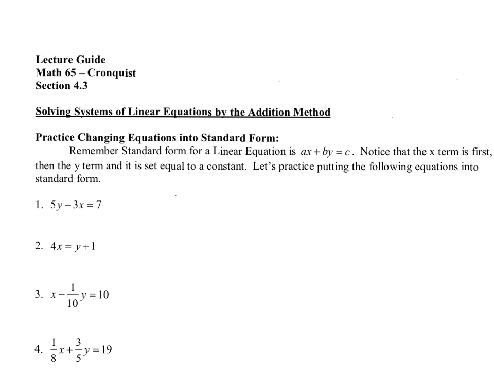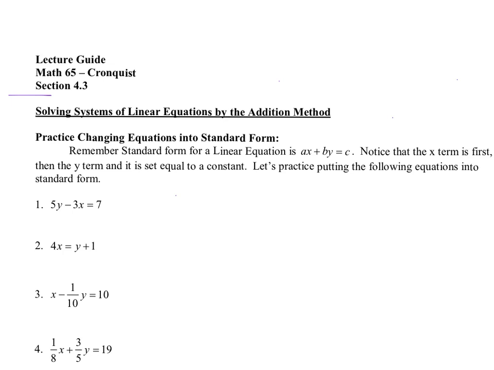Practice changing equations into standard form. It is necessary for the equations to be in standard form if you're going to add them together. That's just the way it works. 5y minus... this is in standard form. Notice that the x term is first, then the y term.